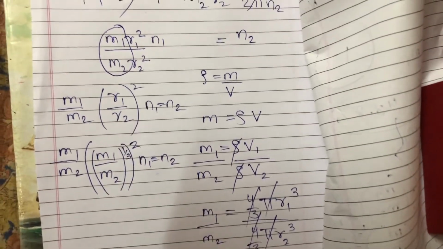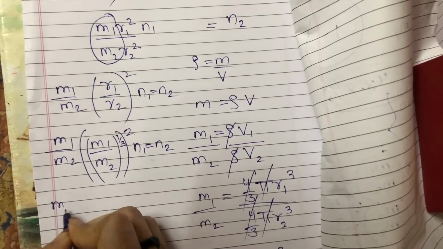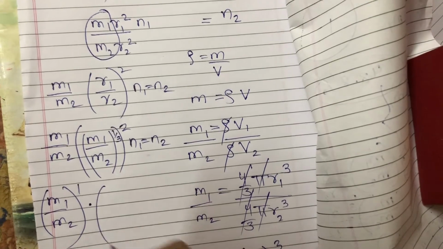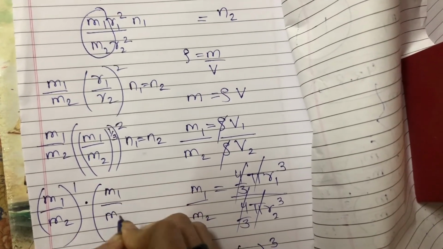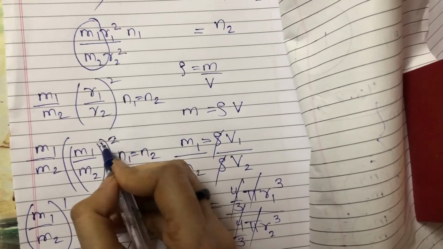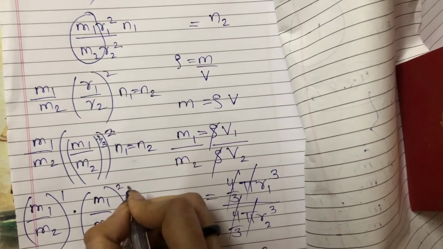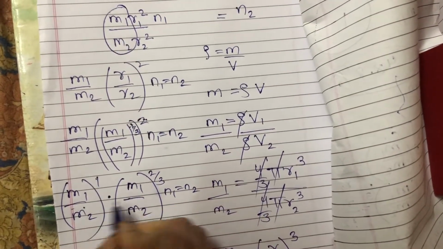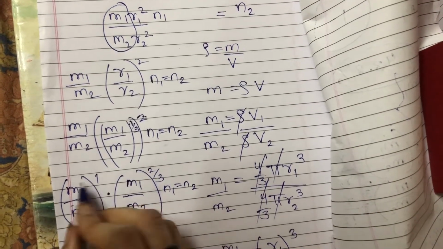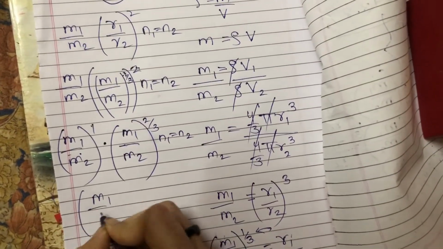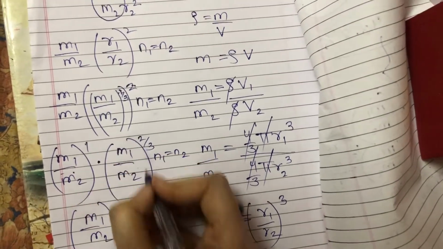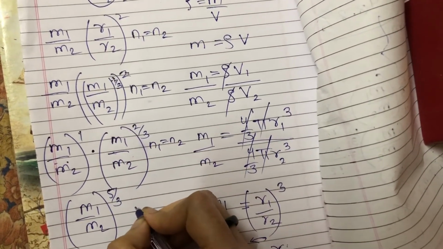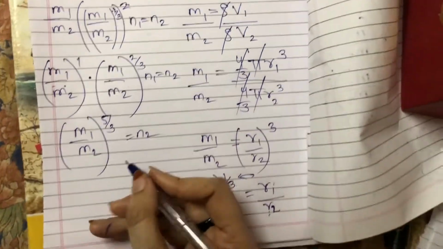I'll multiply it with 2 upon 3... m1 upon m2. Here we have nothing, meaning we have 1 into m1 upon m2. Here we cannot add, we will directly multiply. So 2 ones are 2 upon 3, n1 is equal to n2. Now see, the base is the same and the bases are getting multiplied, so the powers will get added: m1 upon m2, 1 plus 2 upon 3 will give us 5 upon 3. n1 is nothing but 1, equal to n2.